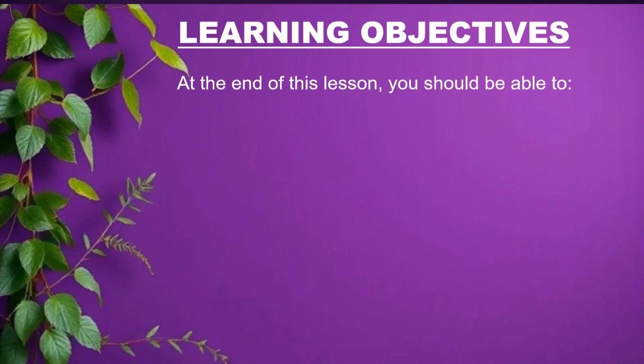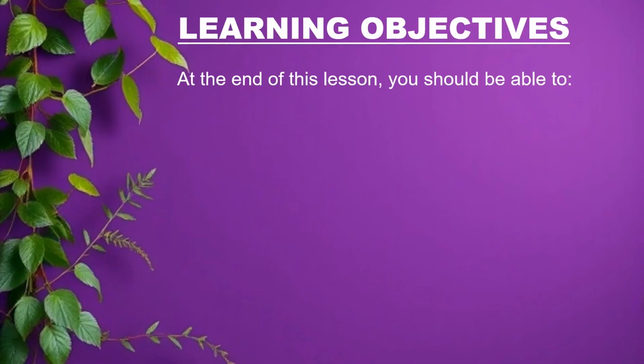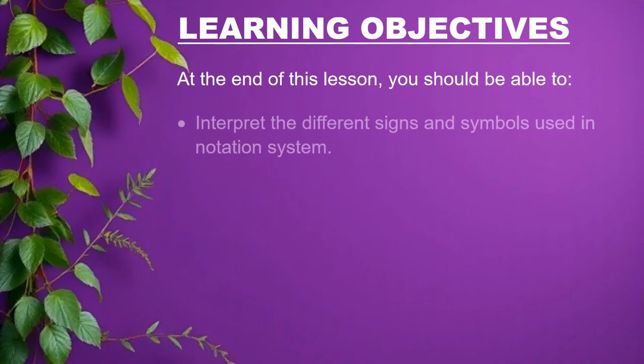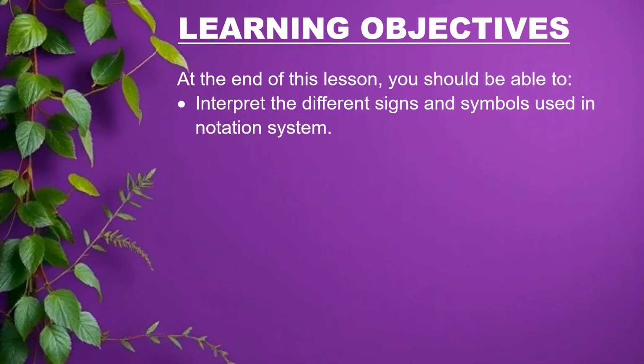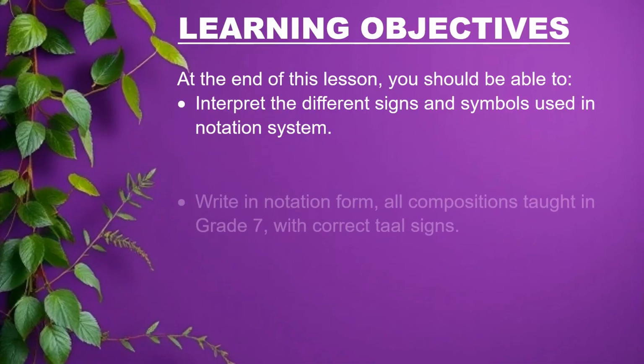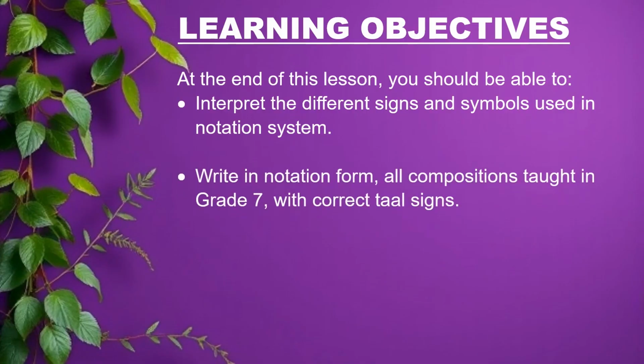Let us first of all have a look at the learning objectives of this lesson. At the end of this lesson, you will be able to interpret the different signs and symbols used in notation system. Then, write in notation form all compositions taught in grade 7 with correct tal signs.